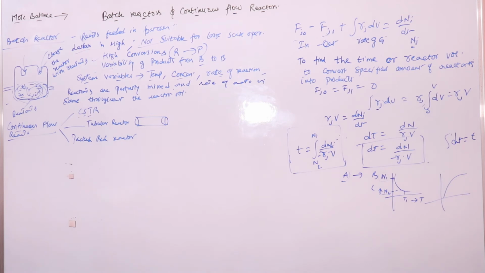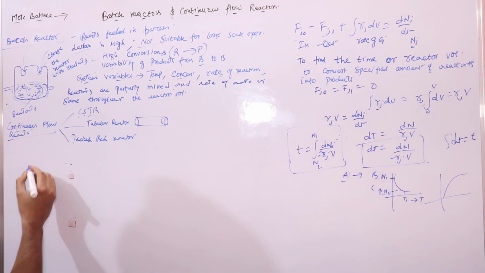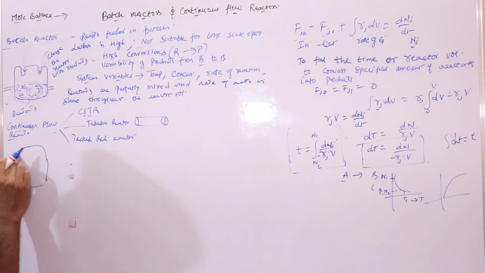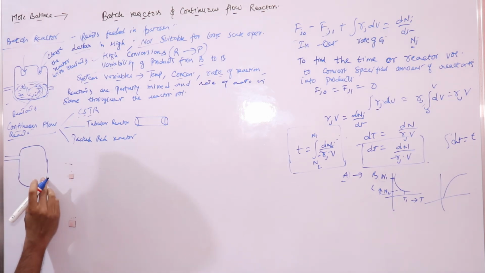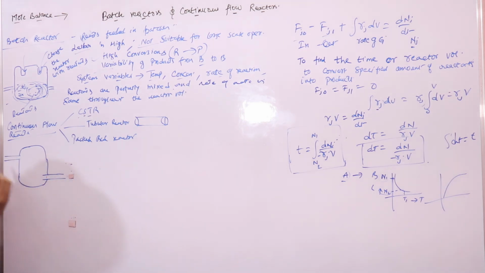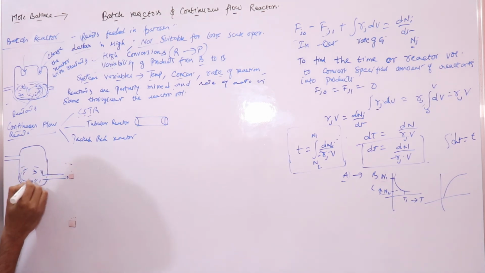These are the three types of continuous flow reactors that we will discuss. This continuous stirred tank reactor looks somewhat like this. From here you can feed in the reactants, and from here you can take the products out. Inside it you have the reactant mixture and the reaction occurring.